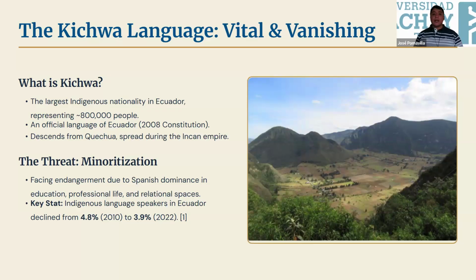And Kichwa has the largest population, representing around 800,000 people who belong to this nationality and somehow have knowledge of Kichwa. As Sofia previously explained, it is especially the elders who actually use Kichwa, and the use of Kichwa has been reduced over time. Also, Kichwa has been recognized as an official language of Ecuador since 2008.